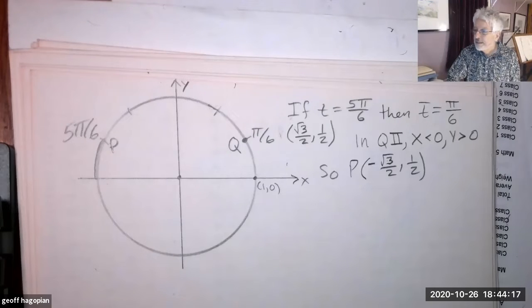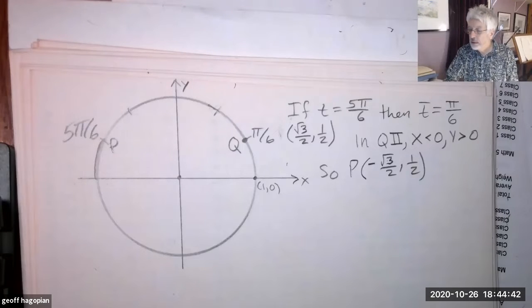I don't know if you're seeing that. Yeah, you're not. How do I make my mouse visible? I don't know. I mean, it's visible on my screen, but I can see that it's not visible on your screen.